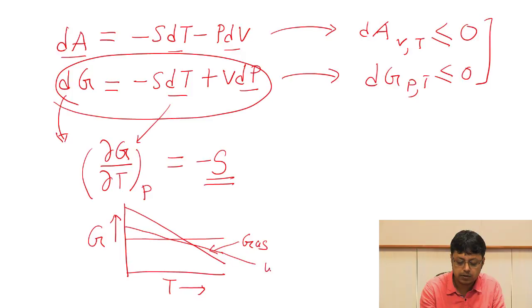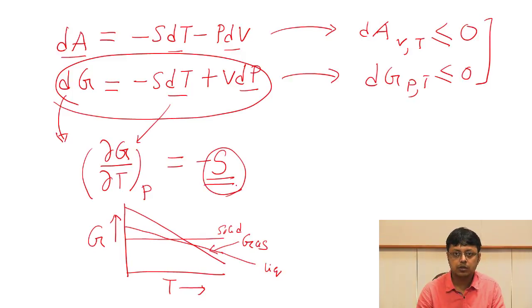So this is the curve for liquid, and this is the curve for solid. Now you see that this decay is linear in the sense that as long as the slope is constant, which is the entropy of the solid or the liquid or the gas, then the slope will of course be linear.